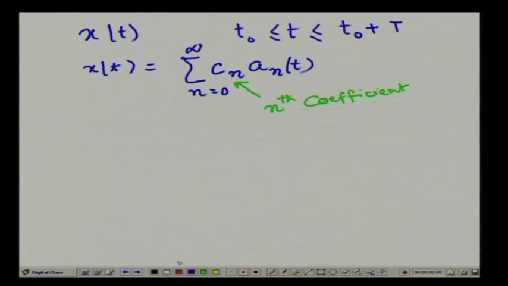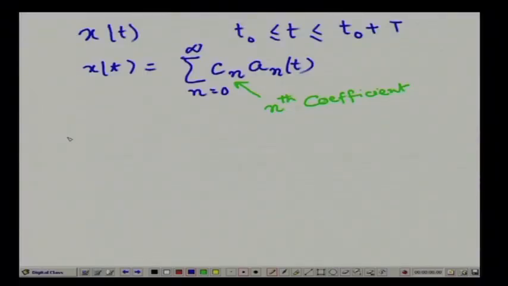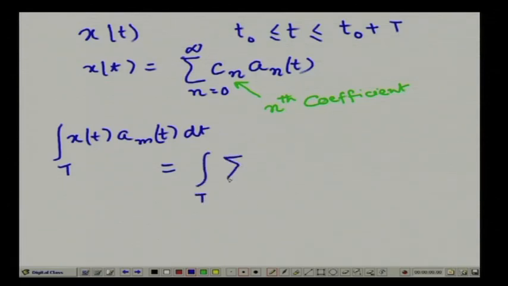So, we multiply both sides by a function, say a m t, and take the integration over the interval capital T. What we get is the integral of x t a m t dt over capital T, which will be equal to the integral over capital T of the sum of C n a n t into a m t dt, because we are multiplying both sides by the function a m t.